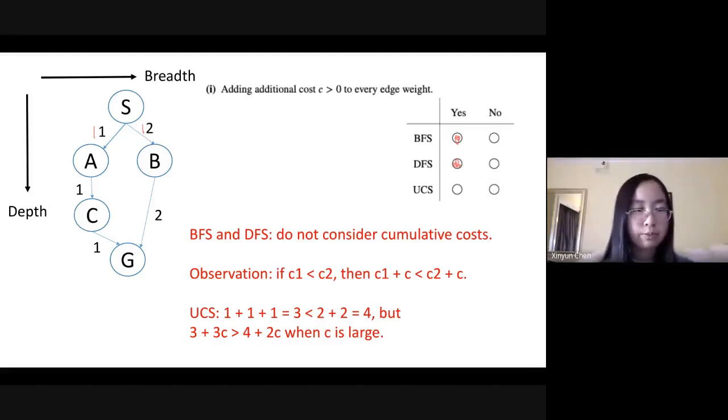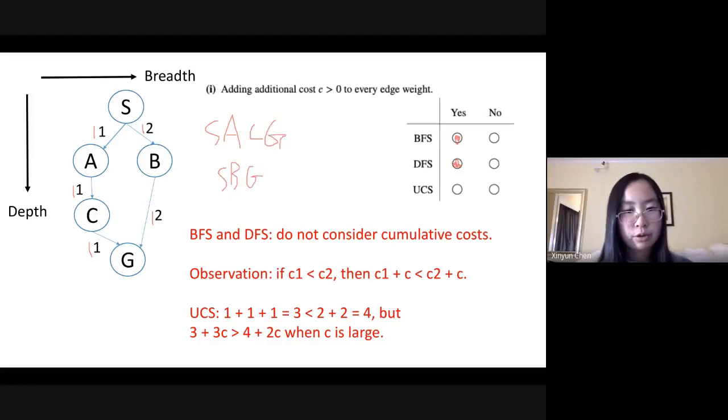If we add C equal to 10 to every edge, initially S-A-C-G is better than S-B-G, because 3 is smaller than 4.